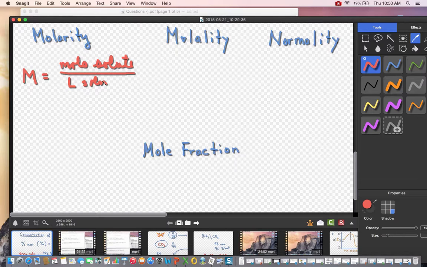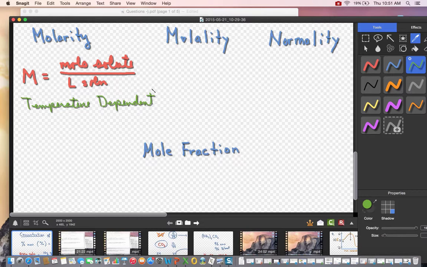Now, those units are immutable. The problem with molarity is that molarity is temperature dependent. Let's go back to gas laws for a moment.